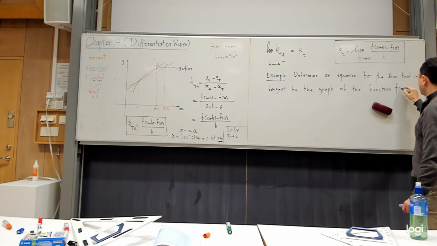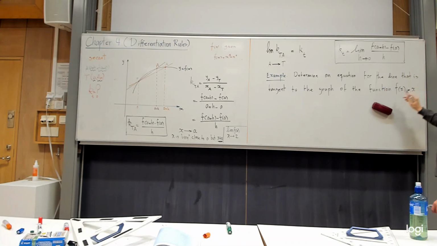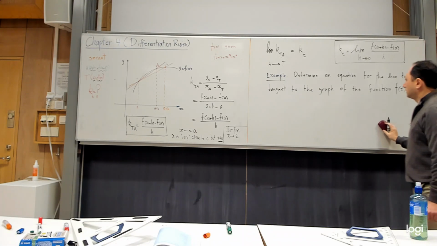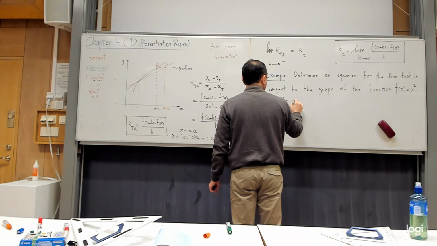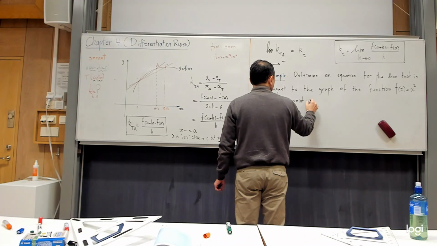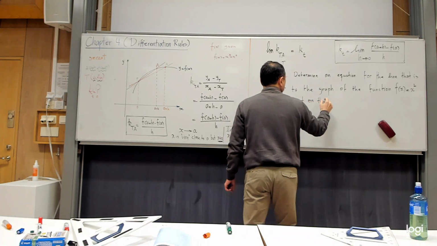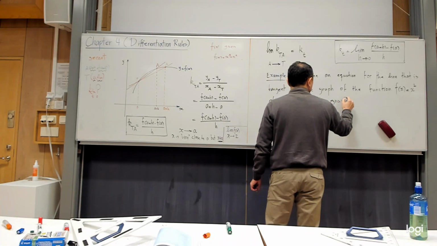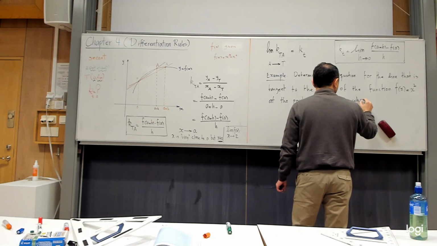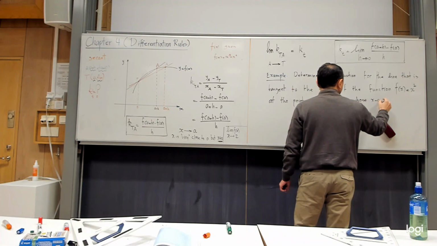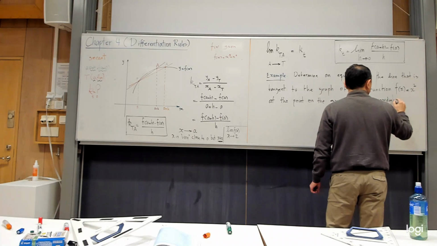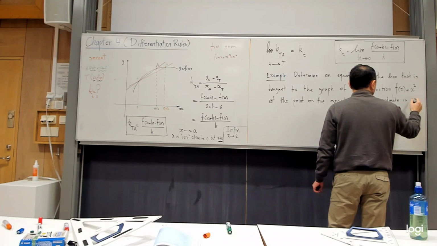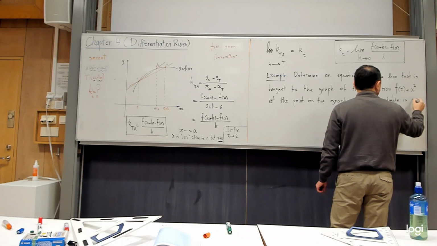For example, let us make it very simple. f of x equals x squared at the point on the graph whose x coordinate is, say, 4.